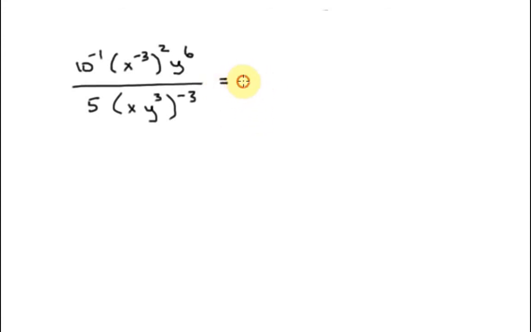All right, well, let's start off with some of these numbers, like 10 to the negative 1. Let's move that downstairs, and it becomes 10 to the positive 1. Then the 5, that one's okay. I'm just going to leave it at the bottom. Then I'm going to go back to, I've got x to the negative 3, that's being squared.